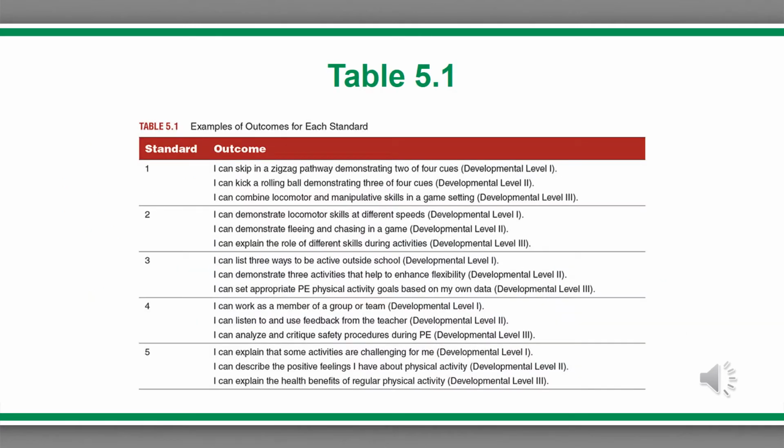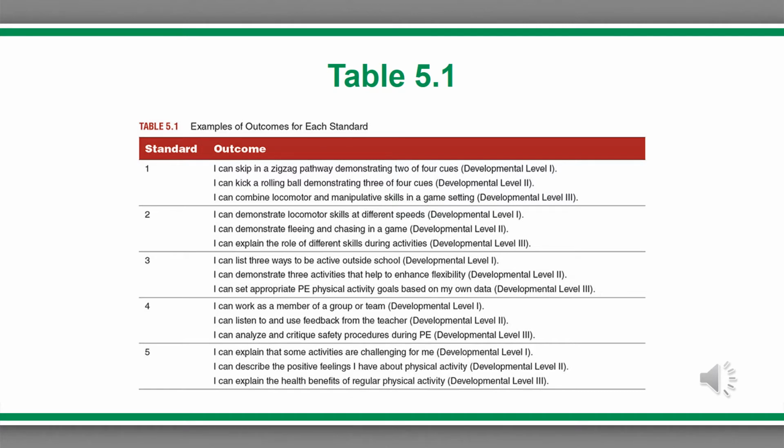Here on table 5.1 on page 84, notice the 5 standards, the 5 content standards that we discussed in chapter 1, and then notice the outcome. Notice the first one is always developmental level 1 for each content standard. The second one is developmental level 2, grades 3 and 4. And then the third one is for grade 5, developmental level 3.